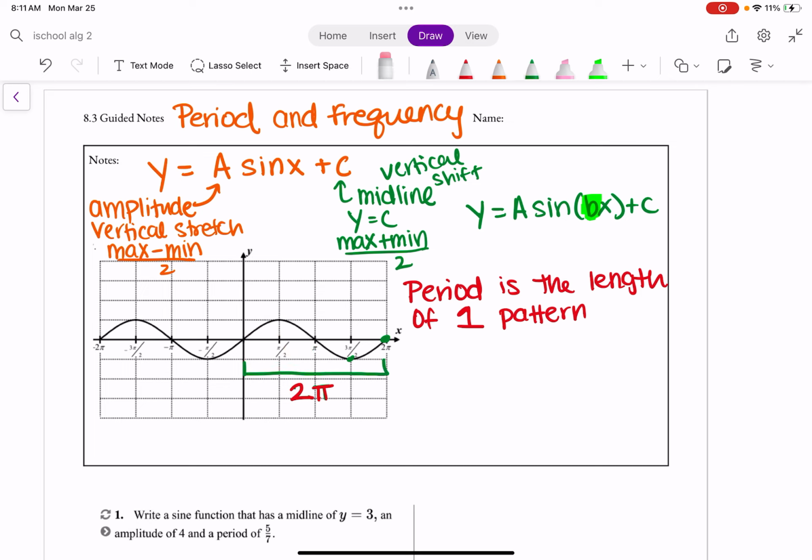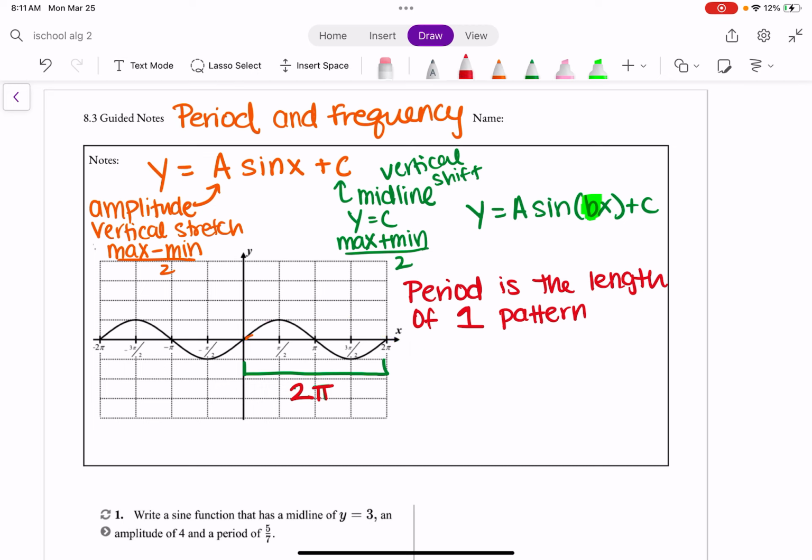At other times, the period can be bigger. For example, if it's super large, it may look like this. In this case, it would be off the graph if the period is larger than 2 pi. Only half the graph is within 2 pi, and the other half is outside, because it's past 2 pi. That means the period has gotten larger. It's stretched out. If the period is smaller, that means it's compressed, squished together. And if the period is bigger, that means it's stretched out.